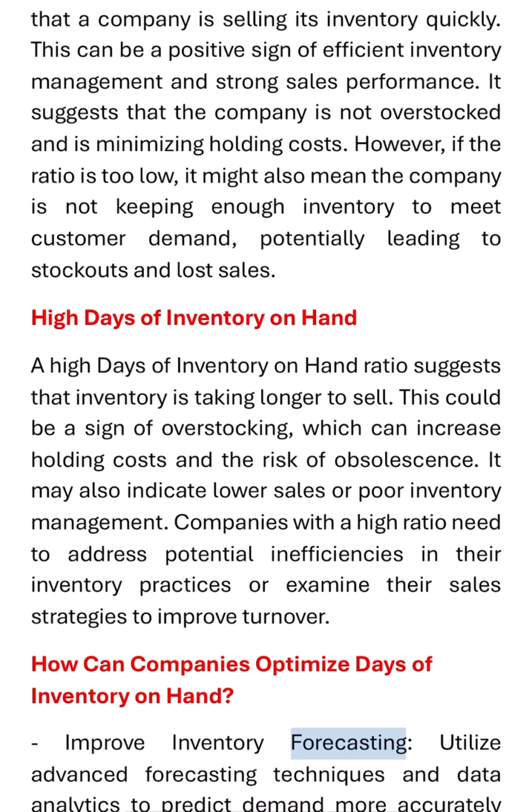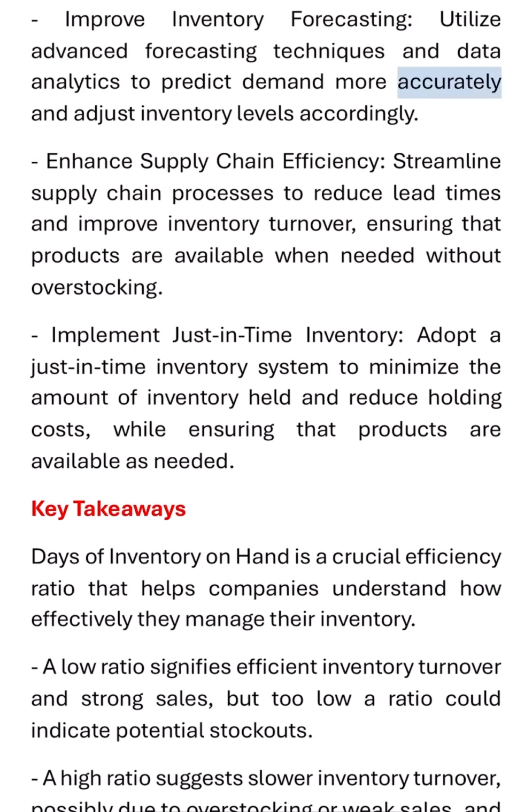How can companies optimize days of inventory on hand? Improve inventory forecasting. Utilize advanced forecasting techniques and data analytics to predict demand more accurately and adjust inventory levels accordingly. Enhance supply chain efficiency. Streamline supply chain processes to reduce lead times and improve inventory turnover, ensuring that products are available when needed without overstocking.